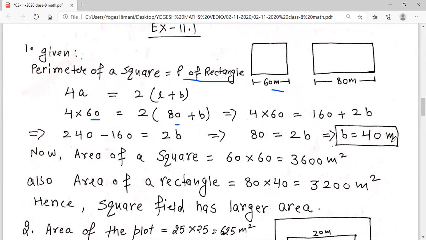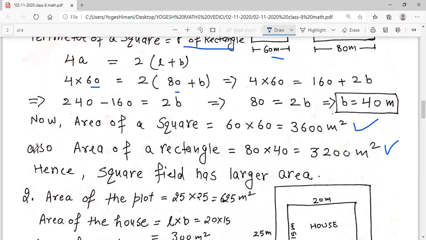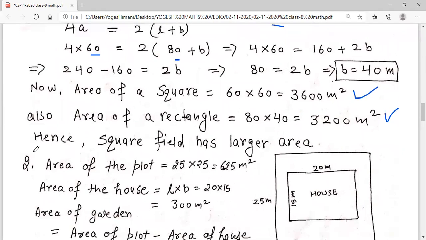So b is equal to 40 meter. Now area of square is equal to 60 multiply 60 is equal to 3600 square meter. Area of rectangle is 80 multiply 40 is equal to 3200 square meter. Hence square field has larger area, because we can see that there is 3600 here and 3200 there. Okay, so this square field has larger area.